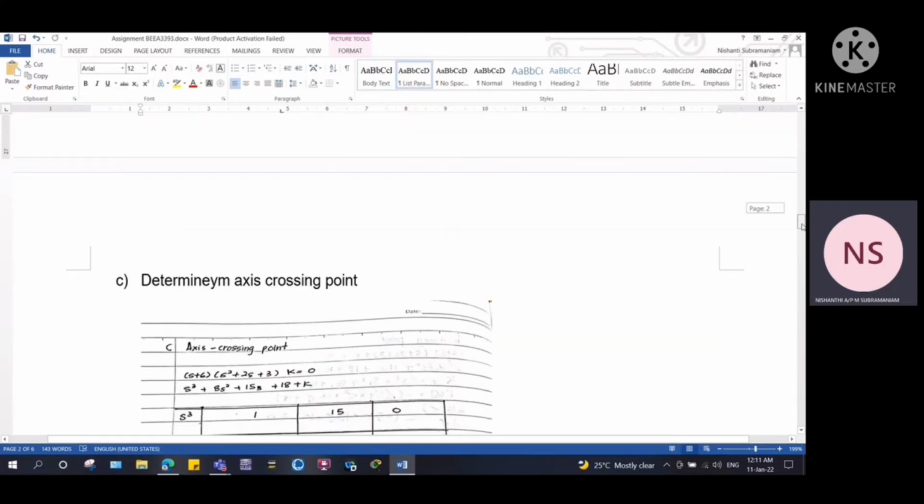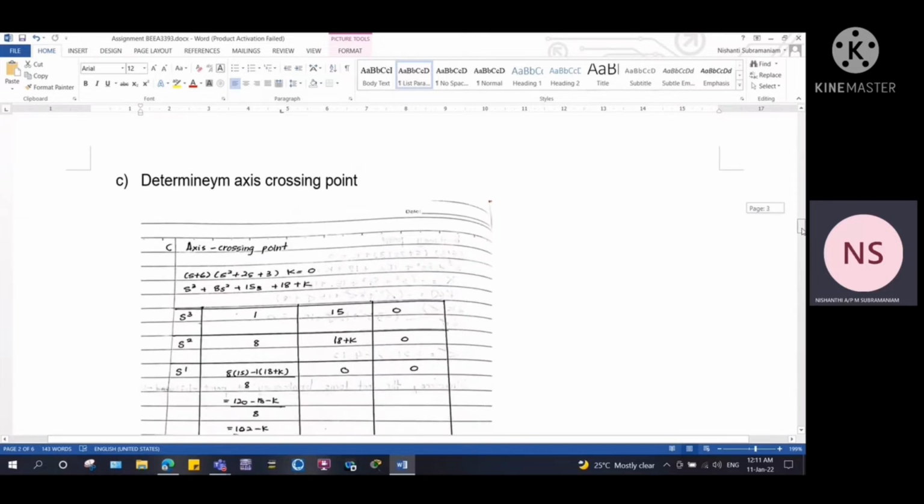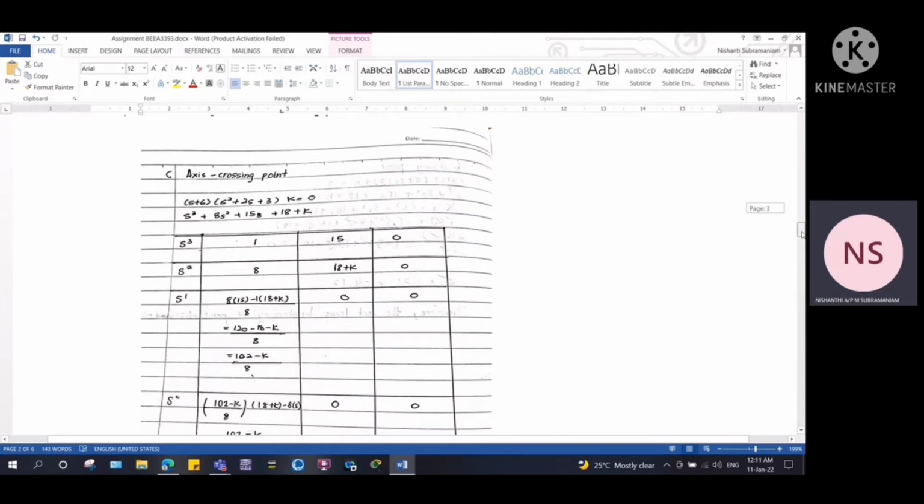After that, part C is to determine the axis crossing point. As usual, we take the equation from above, and we substitute the K and find the gain.